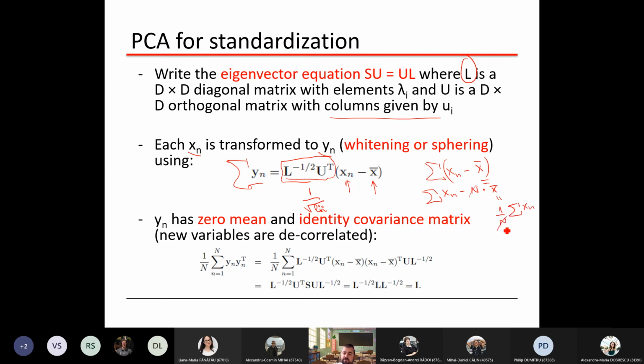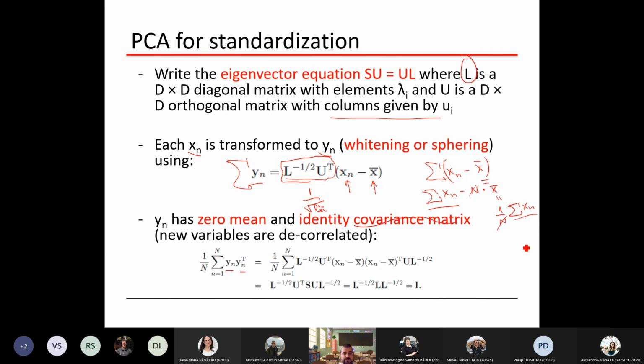So if we reduce the N's, we will get summation over x_n minus summation over x_n, which equals 0. To see what's happening with the covariance matrix, we'll have to multiply y_n with y_n transposed.